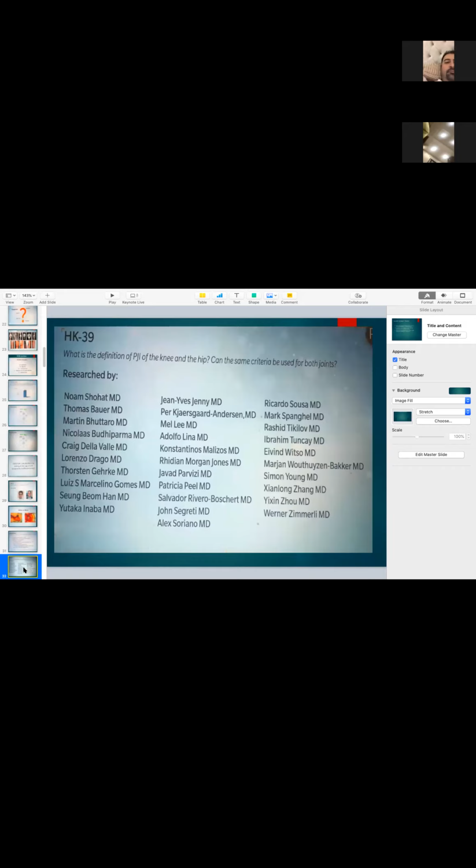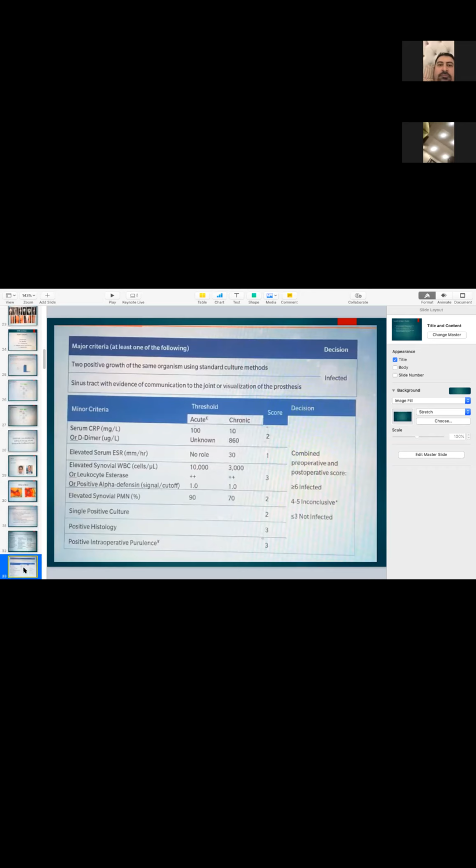A lot of experts and scientists worked on the definition of PJI from 2011 to 2018, and they reached and recommended how you diagnose or define PJI, periprosthetic joint infection. It depends on a score: 6 and above is infection.